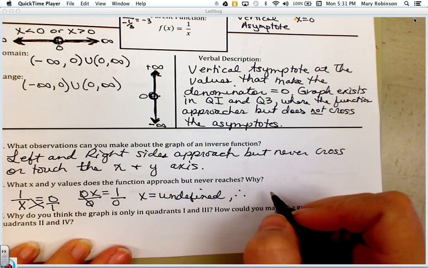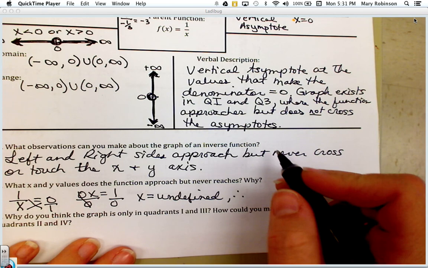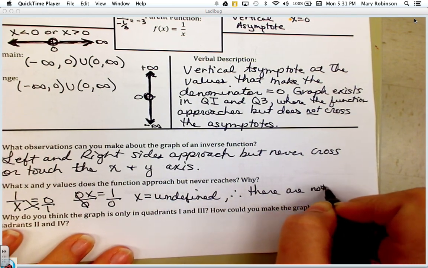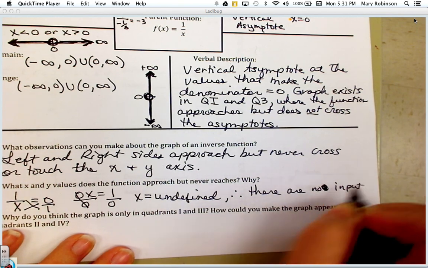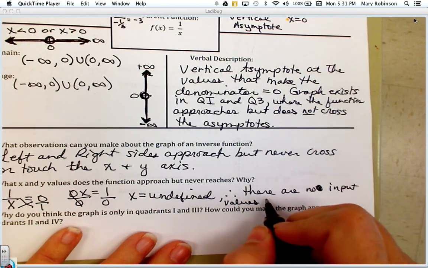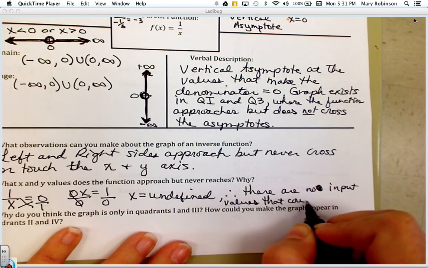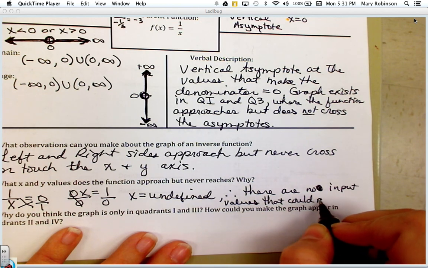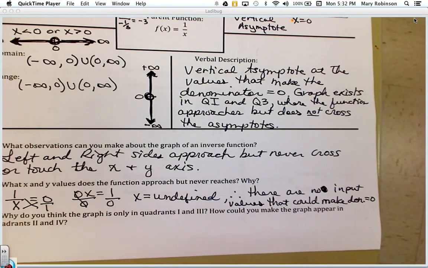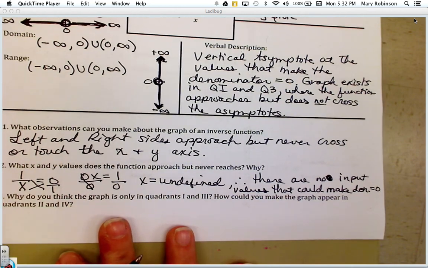Therefore, there are no input values that could make the denominator equal 0. DEN for denominator, okay? X is undefined for a value that would equal 0, okay?